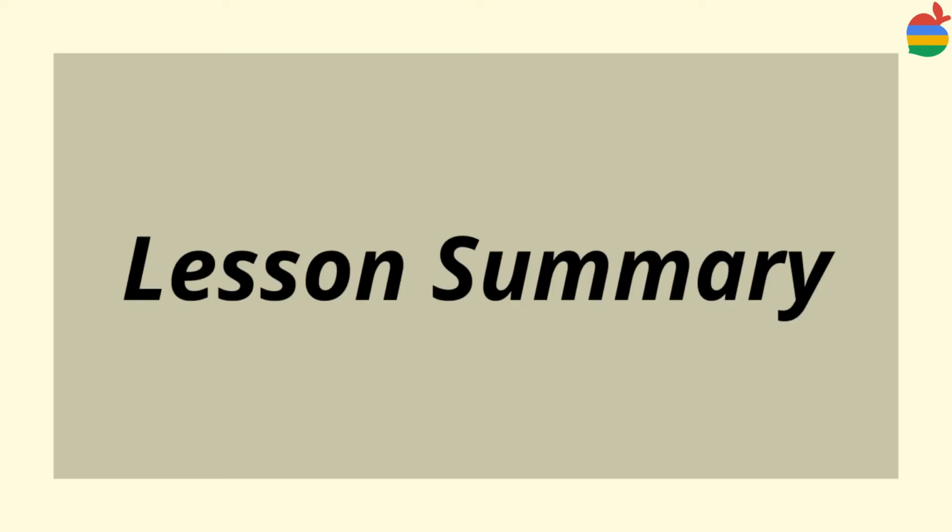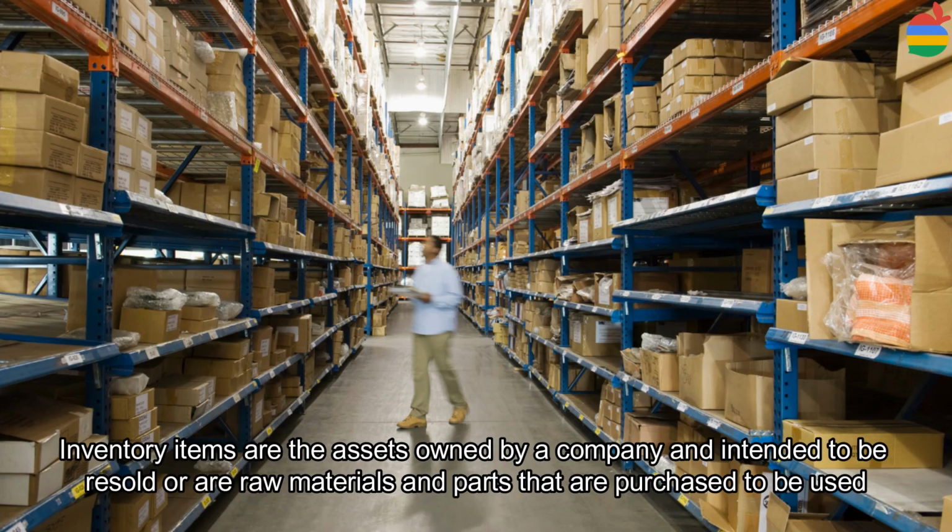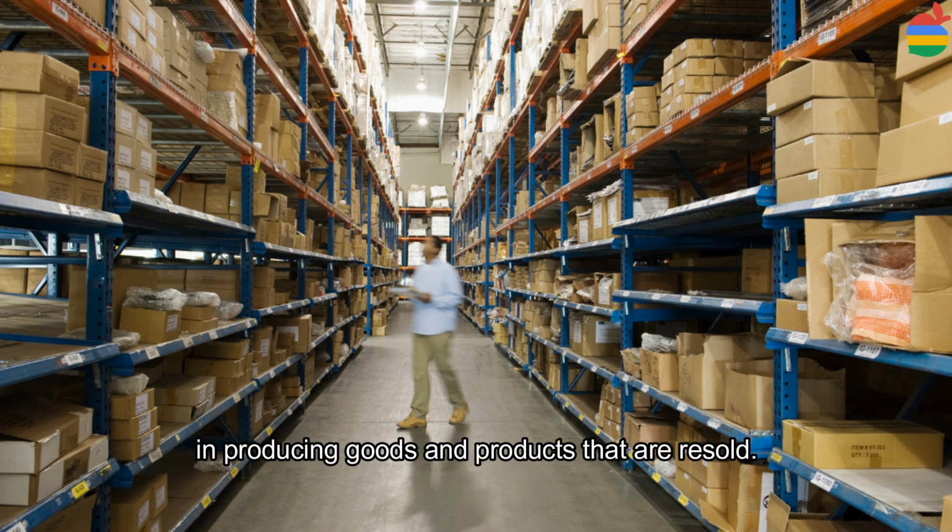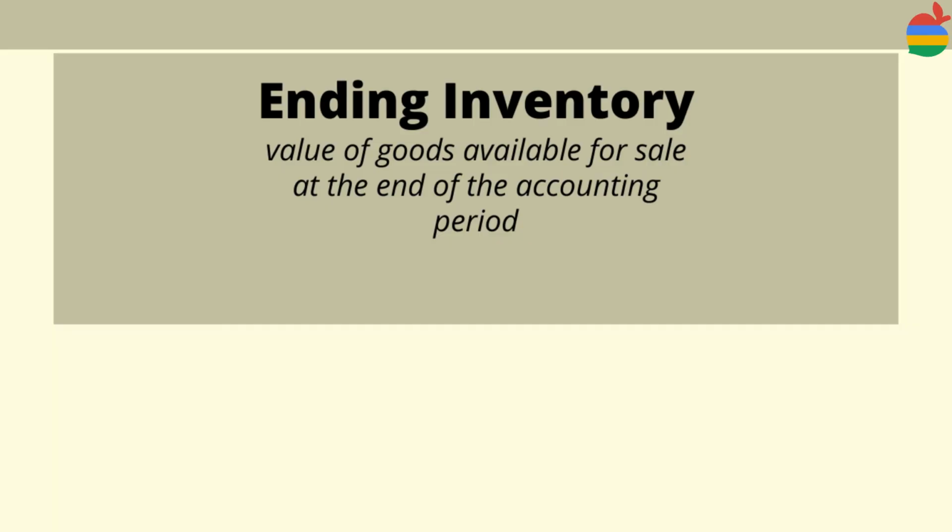Okay, let's review the lesson summary in today's video. Inventory items are the assets owned by a company and intended to be resold, or raw materials and parts that are purchased to be used in producing goods and products that are resold.